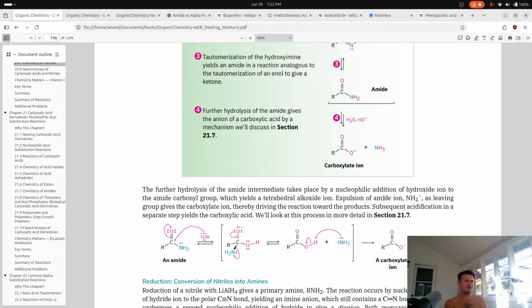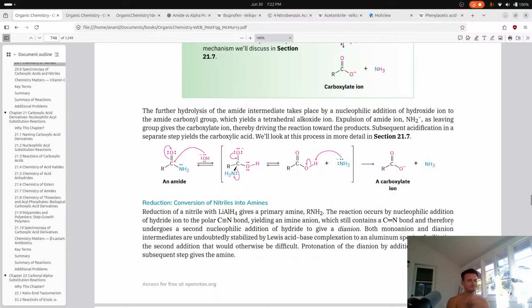Expulsion of the amide ion NH2- as a leaving group gives the carboxylate ion, thereby driving the reaction towards the products. Subsequent acidification in a separate step yields the carboxylic acid. Okay.